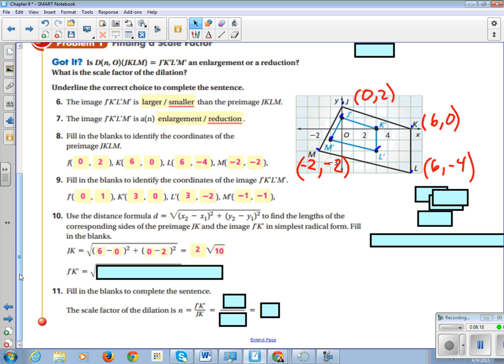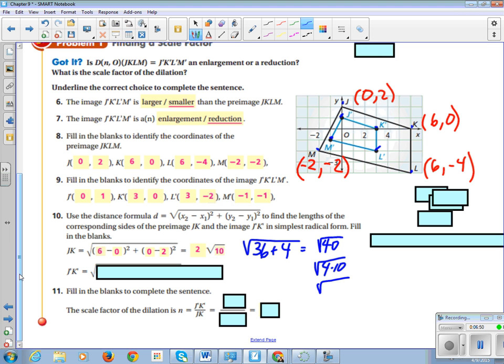So it's 6 minus 0, the x's subtracted and squared, the y's subtracted and squared, and then added together. When we do that, we get 2 root 10, and I will give this to you just for fun. So 6 minus 0 squared is 36. 0 minus 2 squared is 4. 36 plus 4 is 40. 40 is also 4 times 10.